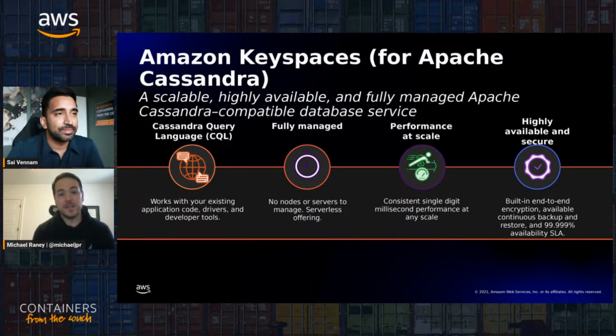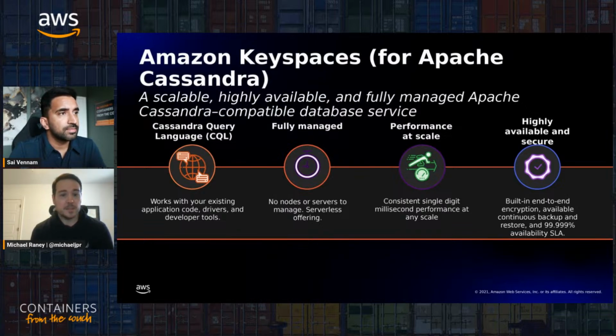Right. So Keyspaces is a fully managed Apache Cassandra compatible database service that we run here at AWS for our customers. After hearing a lot of the challenges that customers had running their Cassandra workloads, we wanted to take a look at this problem, see if we can help customers take that burden off their shoulders of managing those clusters and the performance of those clusters, and allow them to scale and focus back on their business.